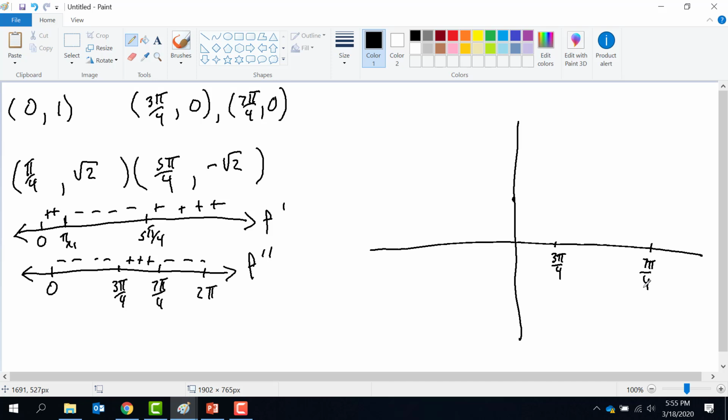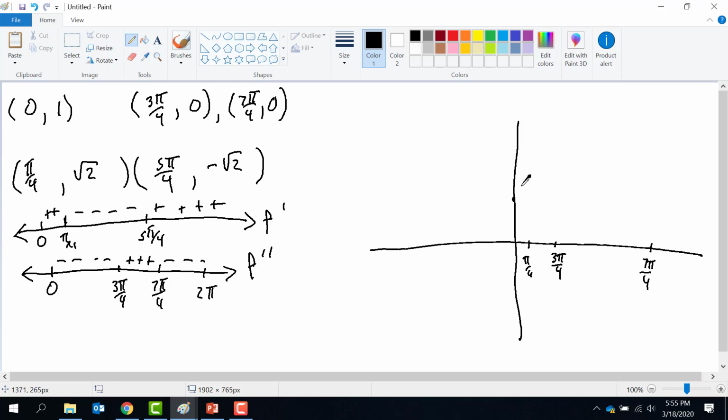Okay. From 0 to pi over 4, the graph is increasing. And it increases to a relative maximum of the square root of 2, and it does that in a concave down fashion.